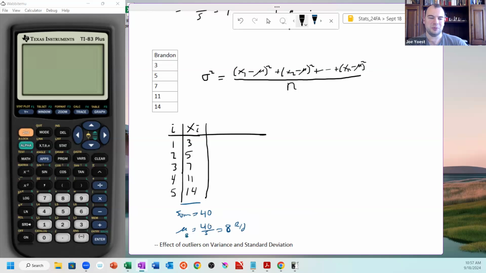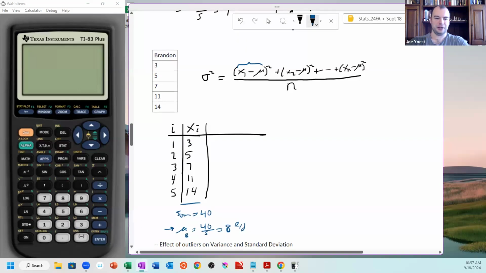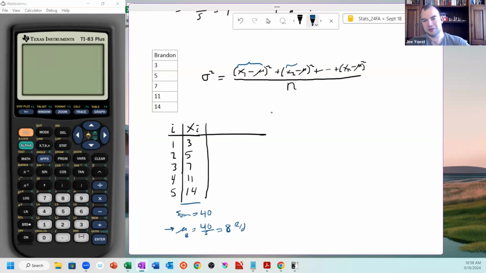But okay, so I want to keep building this up. I have my xi's, and I have mu, which I just calculated. The next thing I need is my differences, xi minus mu. Let me make a column for that.